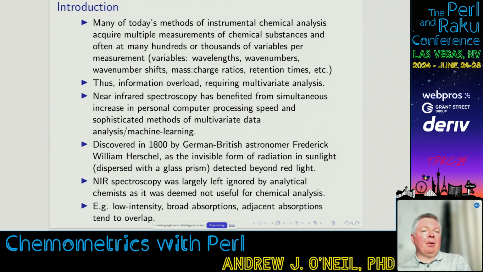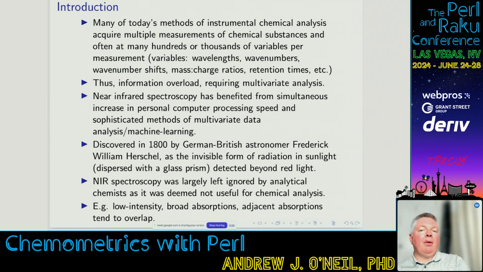NIR spectroscopy was discovered in 1800 by the German-British astronomer William Herschel as the invisible form of heat energy that was in sunlight. When he dispersed the light coming from behind a curtain, it was detected beyond the red end of the light. So he couldn't see it, but he used thermometers to detect that there was radiation there.